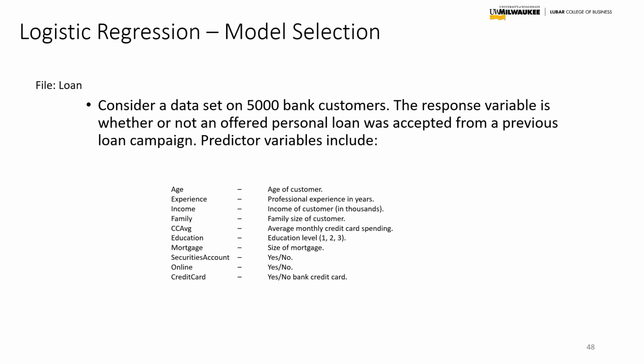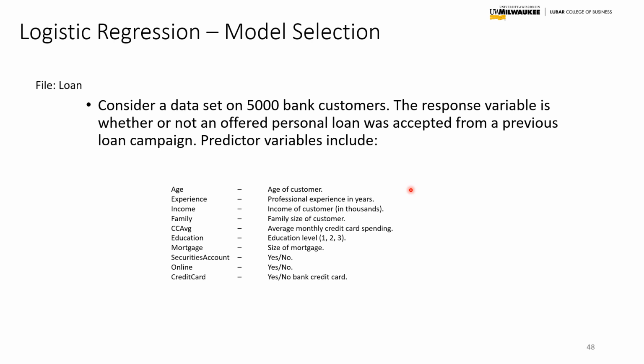What I have here in this file is a data set on 5,000 bank customers, and the response variable is whether or not an offered personal loan was accepted from a previous loan campaign. So the bank has offered a personal loan to their customers. They've recorded whether or not the customer has taken this personal loan offer or not.